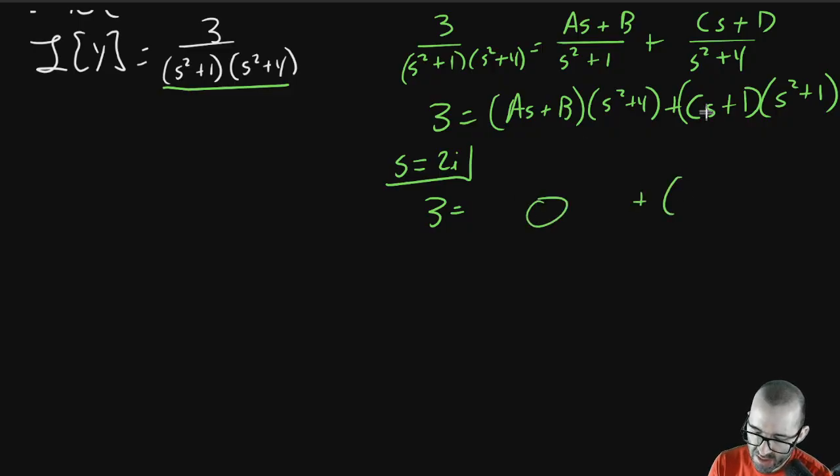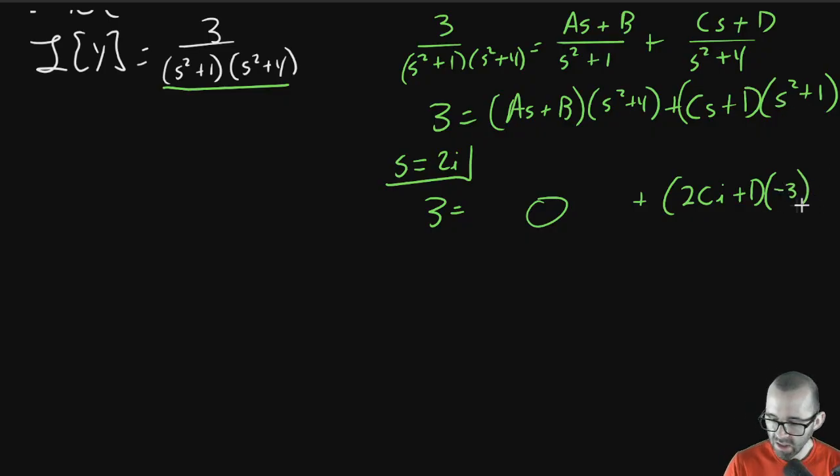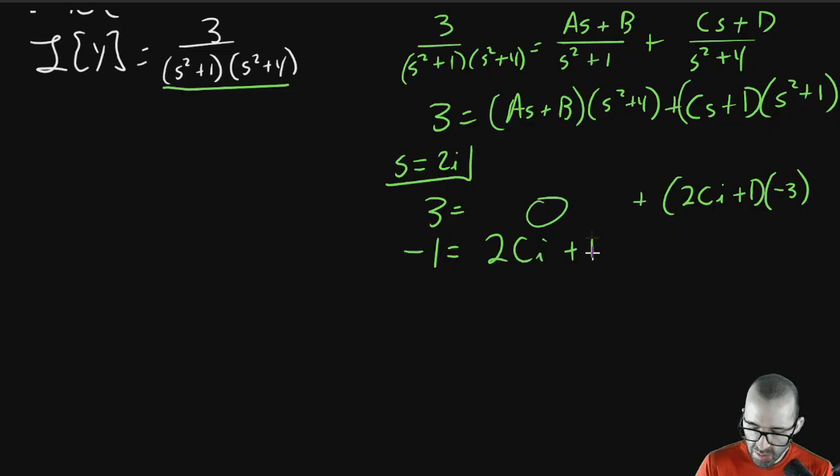And this becomes s is 2i, so this is 2ci plus d, and this becomes negative 4 or negative 3. Divide both sides by negative 3, we get negative 1 equals 2ci plus d. How do you have a complex number equal a real number? The imaginary part better be 0. So c must be 0. And what does d have to be? Negative 1.